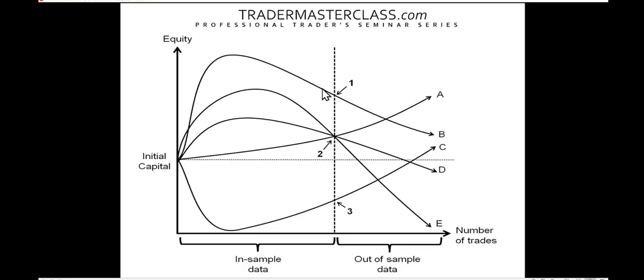So although you make the most money, if you take over and adopt this system, there's a high degree of probability that you're going to continue in this trend, a downward trend in your equity curve, and you're going to lose money. So I'll never pick this moving average, which produced this equity curve, as one of my trading systems.